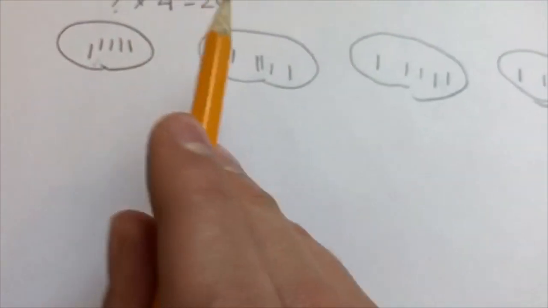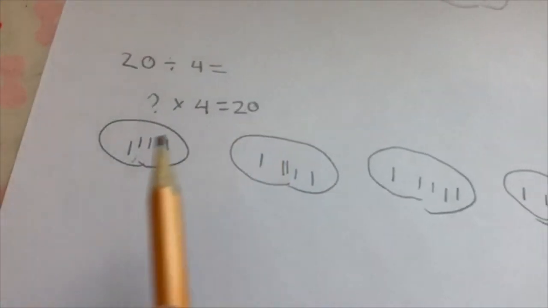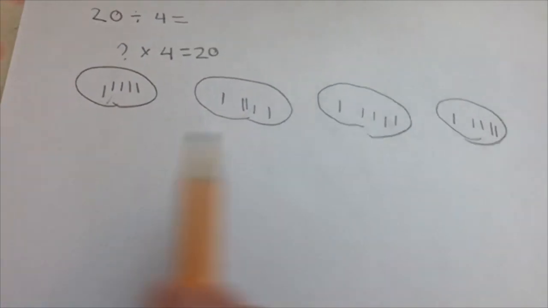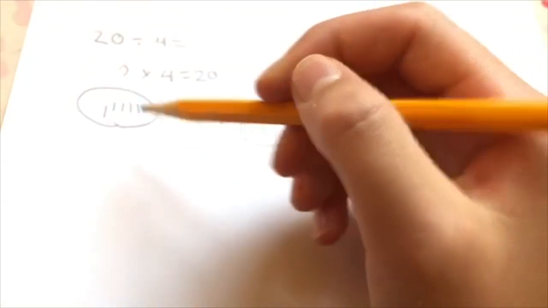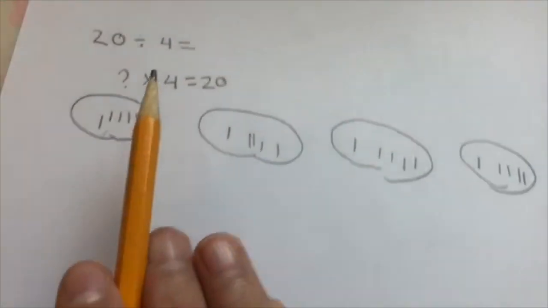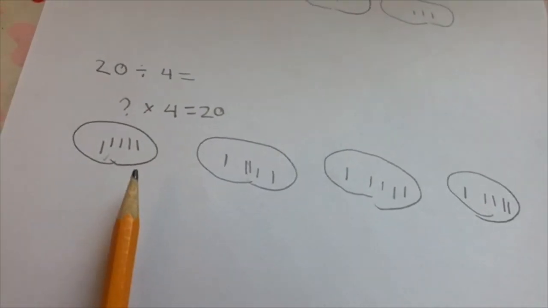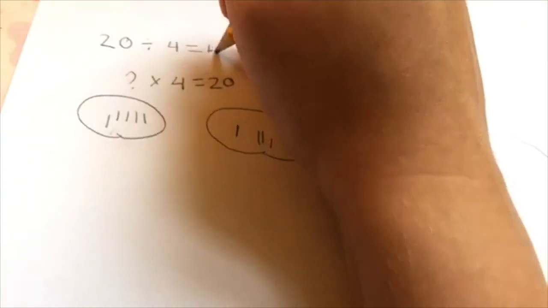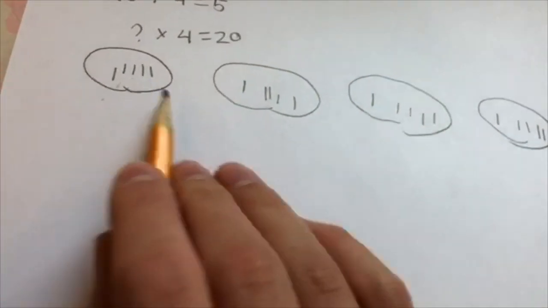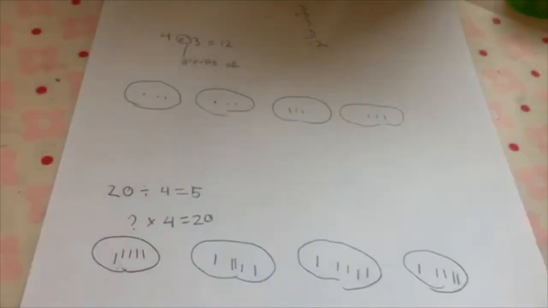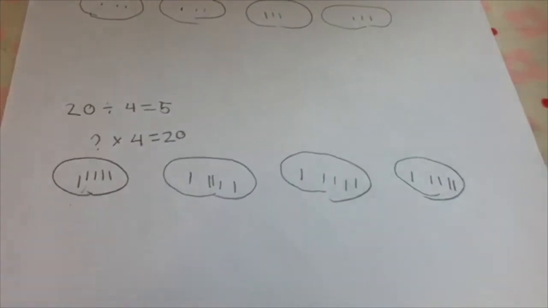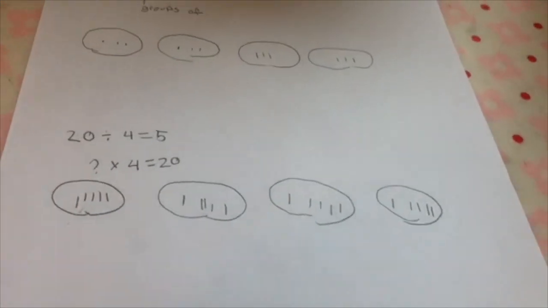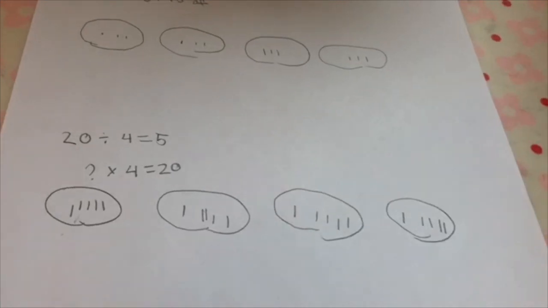So now the answer is 4 times 5 equals 20, because there are 4 groups of 5, and 20 divided by 4 is 5, because within one group there are 5 things. And that's the basics of multiplication and division, and thank you for watching. I hope that helps you understand a bit better.